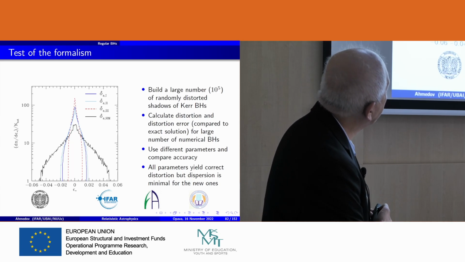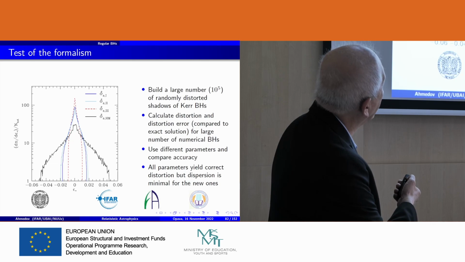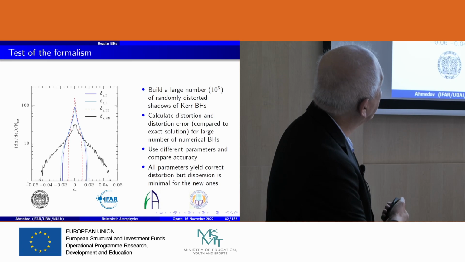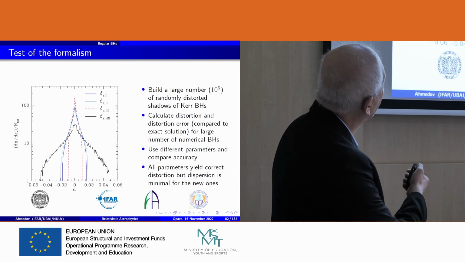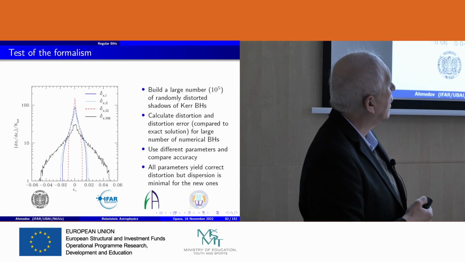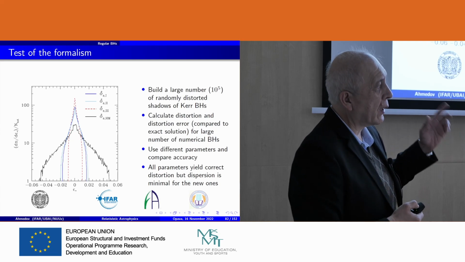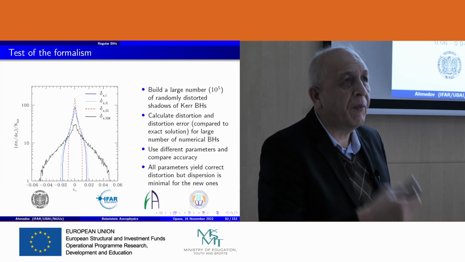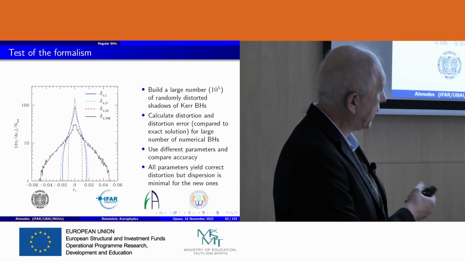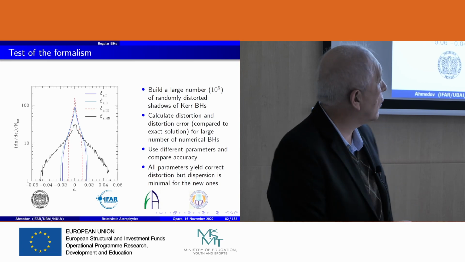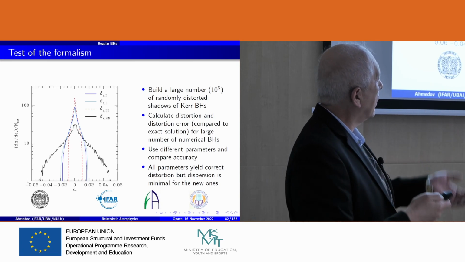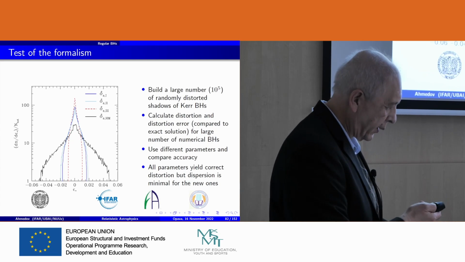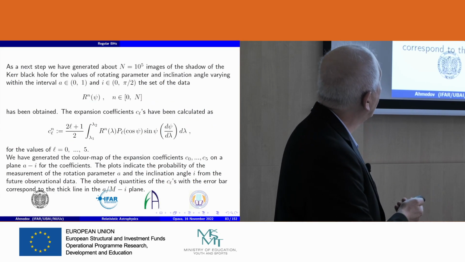This is the standard Hioki-Maeda deflection, introduced by Hioki and Maeda, but these are our parameters, and one of them, delta S3, is very good. It means the parameters introduced through this expansion in Legendre polynomials are very good to describe the shape of the shadow even if it is exotic, even if it is not closed.